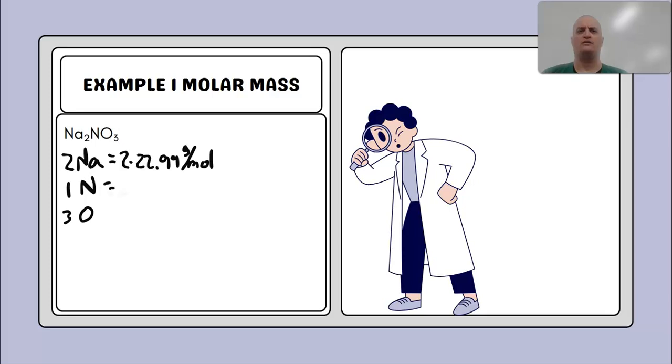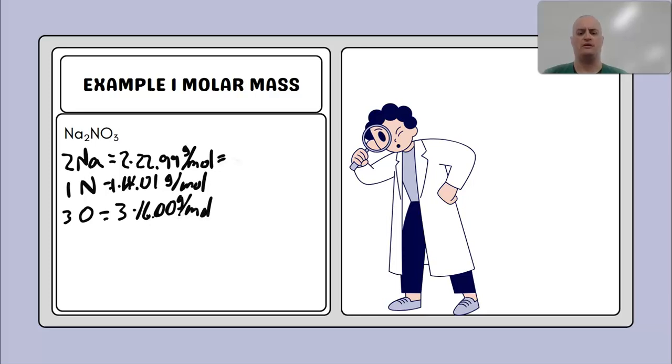We've got 1 of the 14.01 grams per mole. And then we have the 3 times the 16.00. Always go 2 decimal spots, grams per mole.